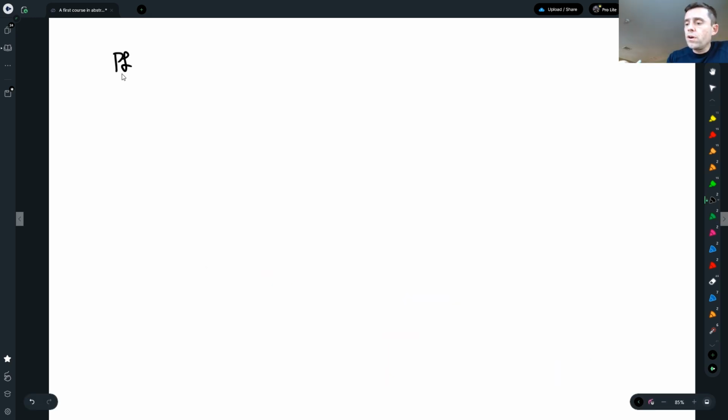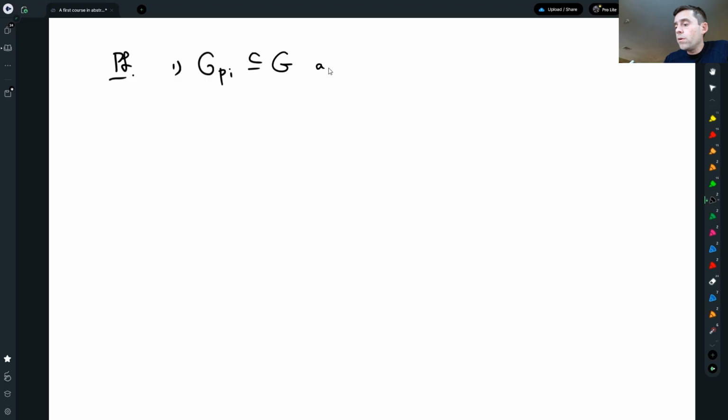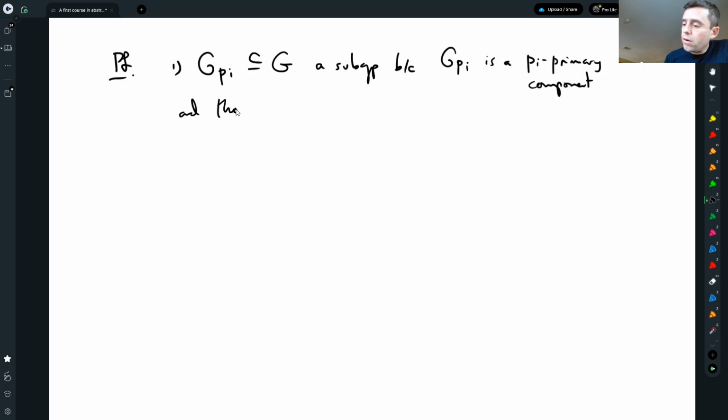Here's the proof. First, the fact that this is a subgroup: because G_pi is a pi-primary component, and those are subgroups by the previous proposition, so that is true.